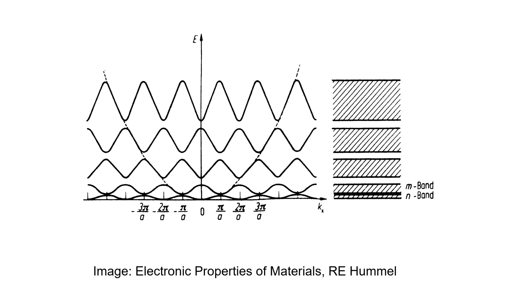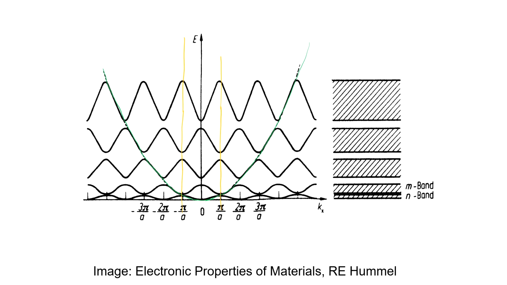So, this was your initial E-k diagram, and your first Brillouin zone will be only this part.